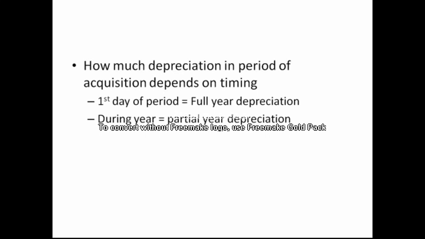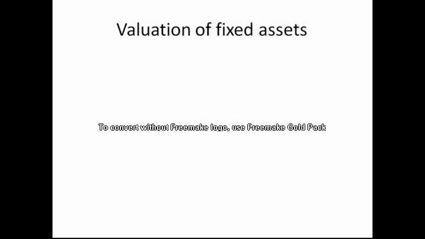So if it was in the middle of the year, we will only have to write off half a year's worth of depreciation. If it was towards the end of the year, say the beginning of the last quarter, we will only have to write down 3 months of depreciation. And then the third scenario is if we actually acquired the fixed asset on the last day of the financial year. In that case, obviously there is no depreciation to record.